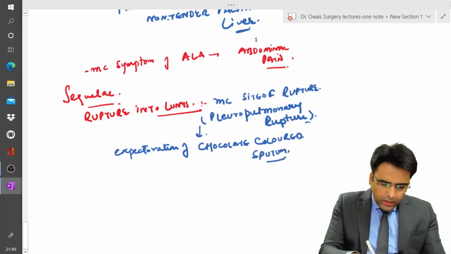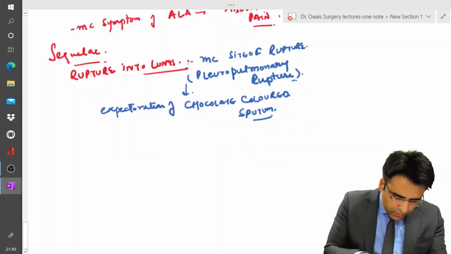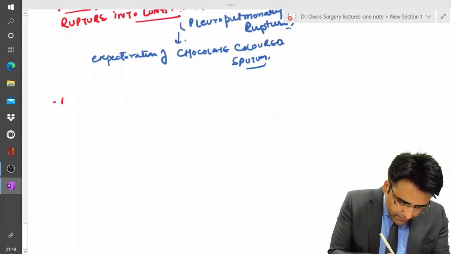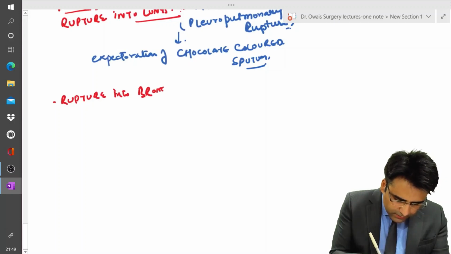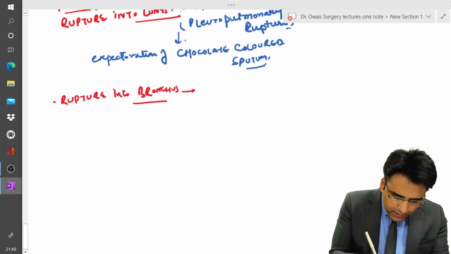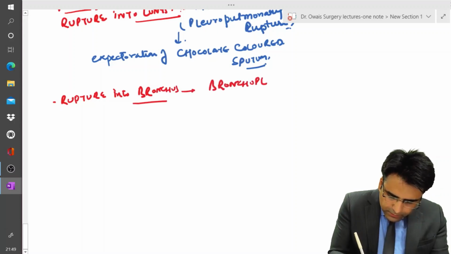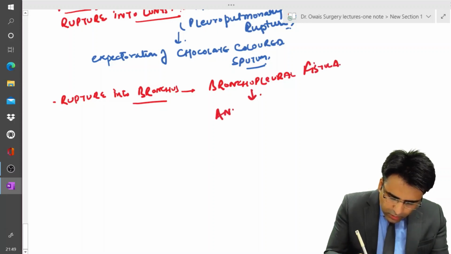Clear? Now next there can be rupture into the bronchus, and this can lead to bronchopleural fistula, leading to coughing of sputum.